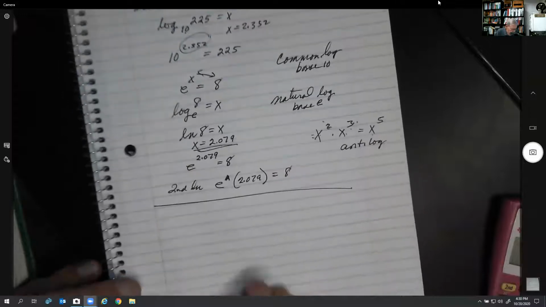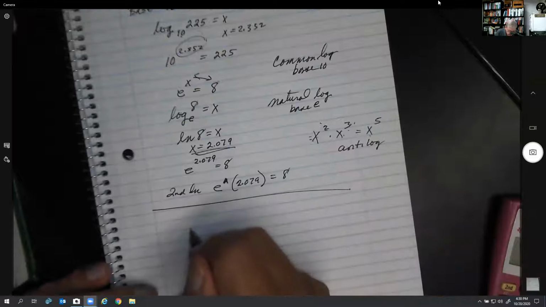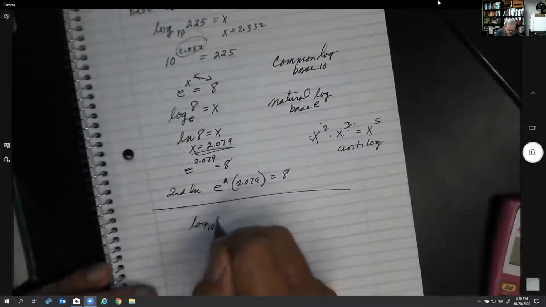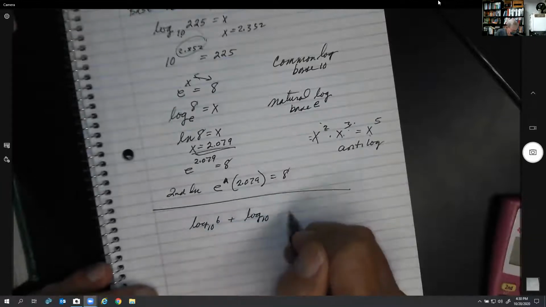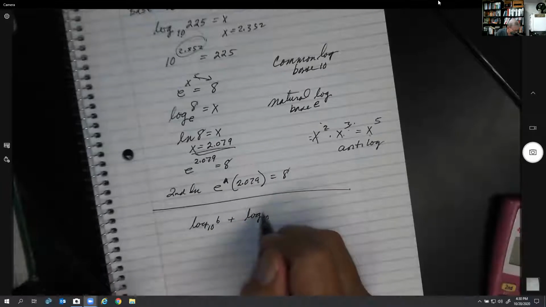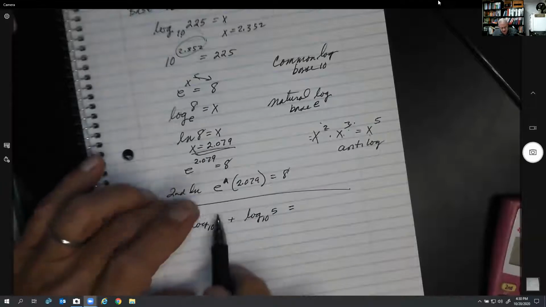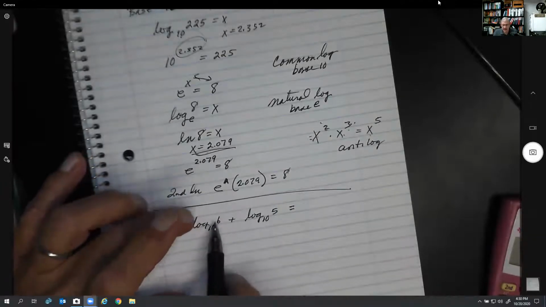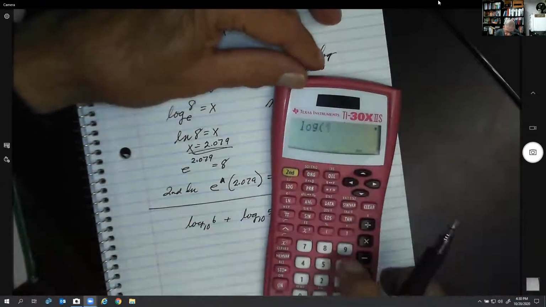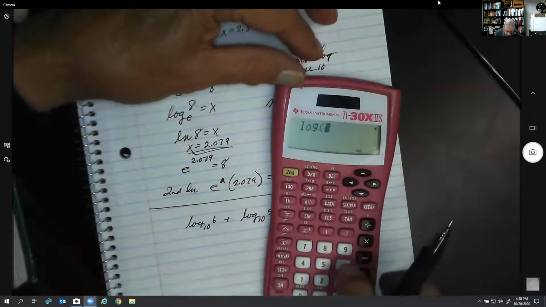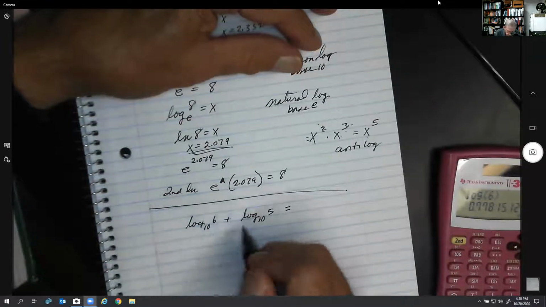So when we write something like this, let's say I wrote this problem right here. Say we're in base 10, log base 10, 6, plus log base 10, 5 equals. What we're doing is right here, this represents an exponent. Log 6, because we're in base 10, is 0.778.